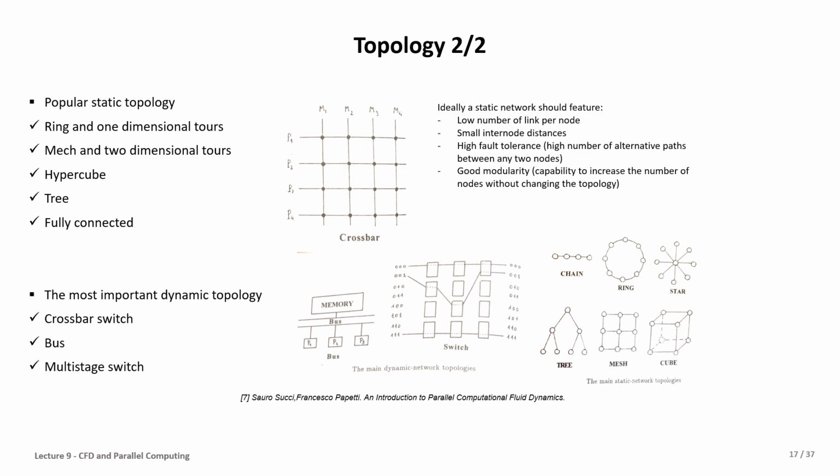Regarding the static network, it should have a low number of links per node. It makes it an ideal network when we use the static topology. It should have a small inter-node distance, a high number of alternative paths between any two nodes, and the capability to increase the number of nodes without changing the topology.